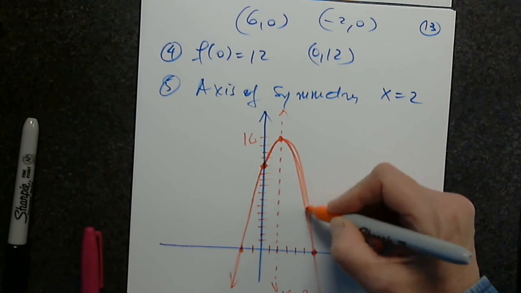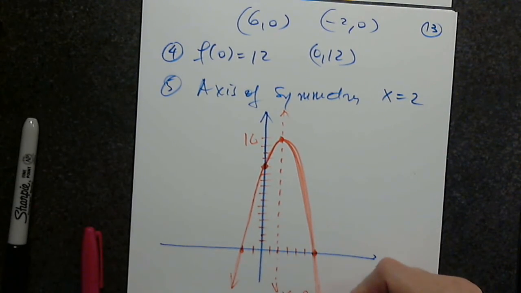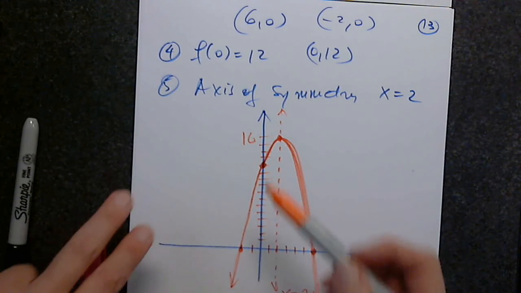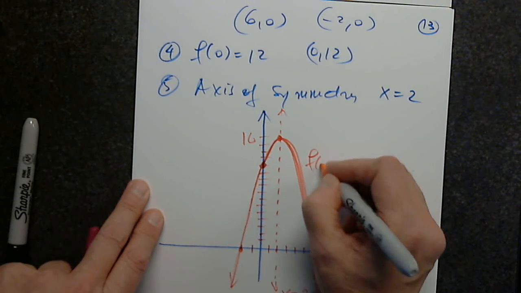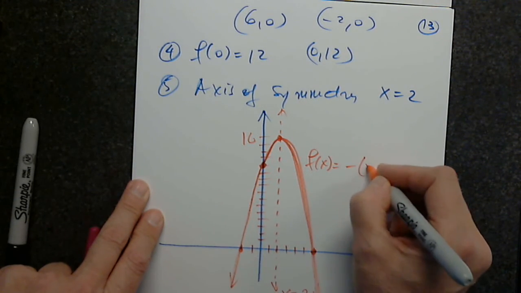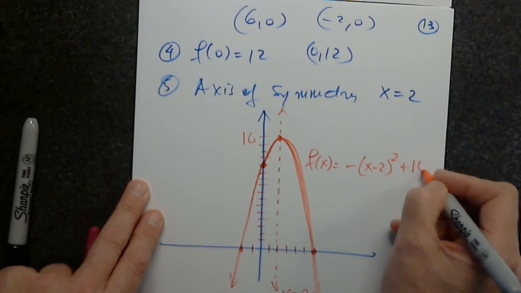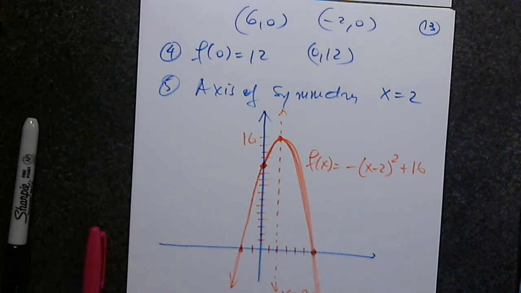My graph is not perfect. It has to be symmetric with respect to this line, but good enough. Questions? Domain: all real numbers, of course.